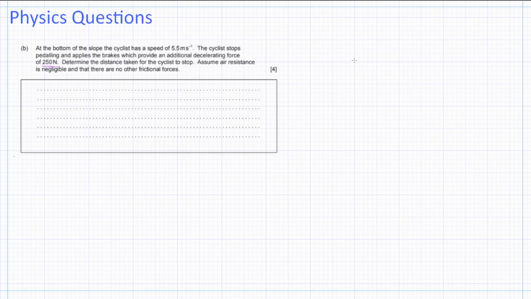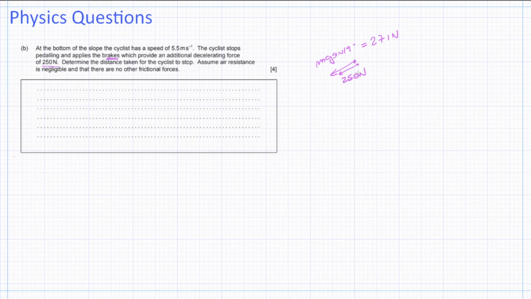So, before we measured our component of weight, which is also trying to stop the cyclist going up the slope. This was given by mg sin of 19, which we calculated to be around 271 newtons. But now, besides this force, there is another force of 250 newtons, because the cyclist is braking.